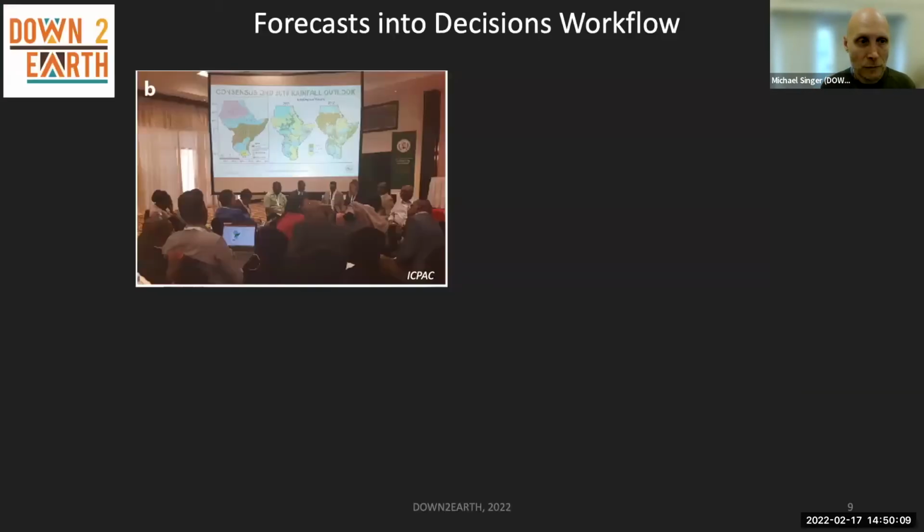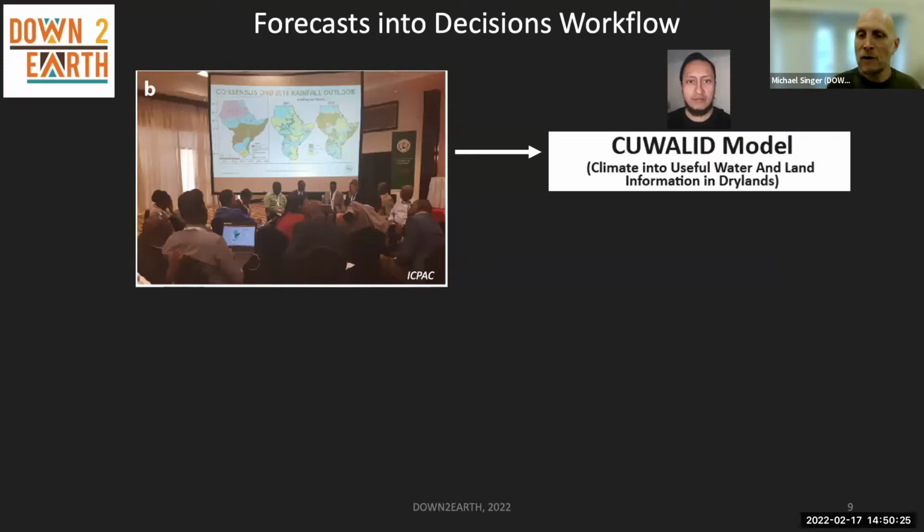Next slide. So the idea is that we would incorporate these forecasts into a decisions workflow as follows. So after the objective forecast is generated through the Garcon process, for example, next, we would generate the relevant water forecasts using the QALID modeling framework. And this is Andres Kichimbo, who's on this call, who's our lead model developer.